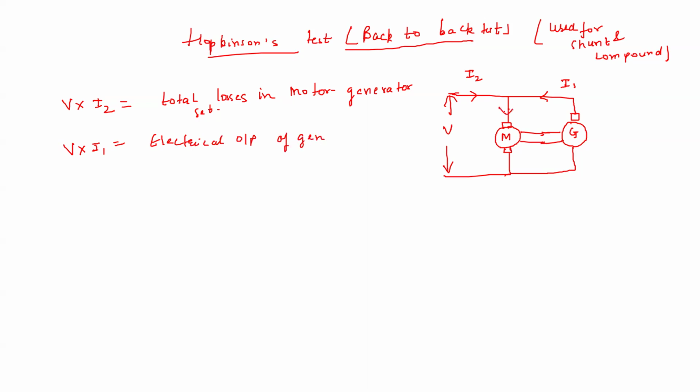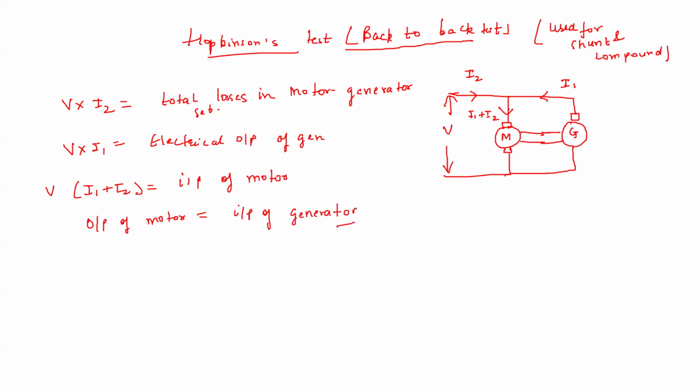Now what about the motor? If you apply KCL here, the motor will take the current I1 plus I2. So V into I1 plus I2 is the input of the motor. And we know that the output of the motor, which is the mechanical output, is the same as the input of the generator.